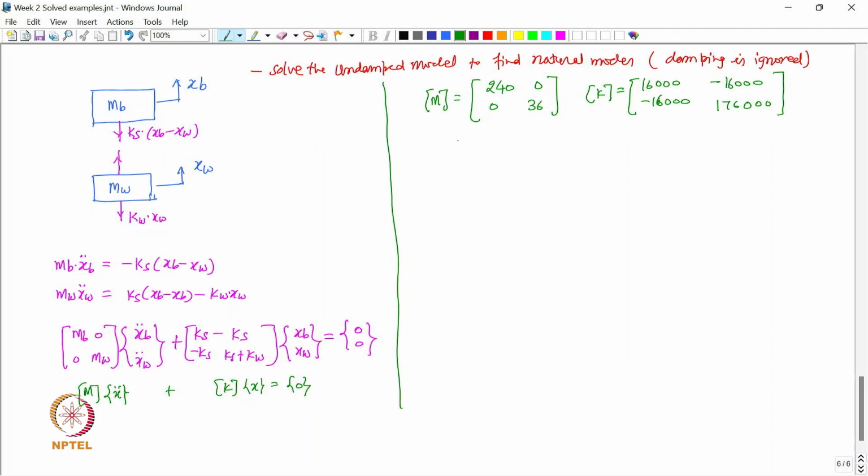You have the determinant of K minus lambda M equal to 0 when we solve this eigenvalue problem.